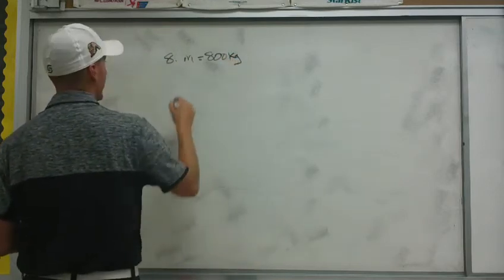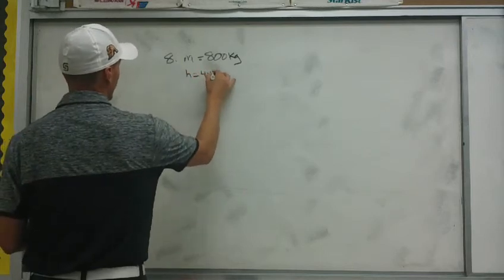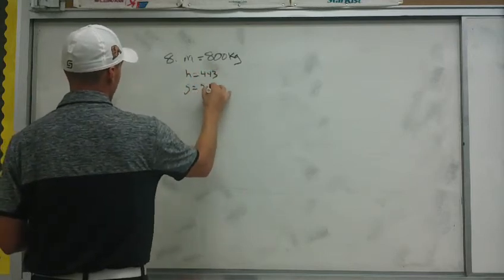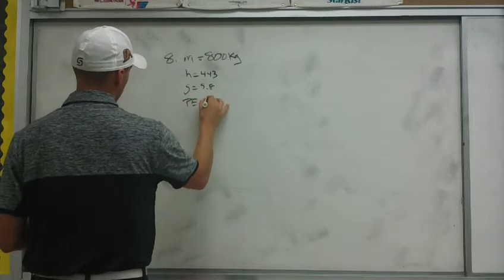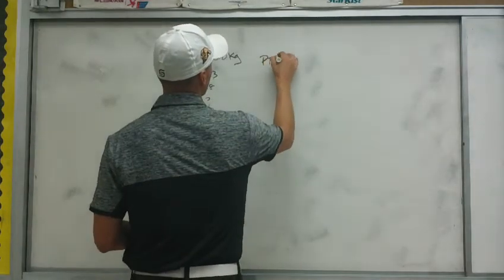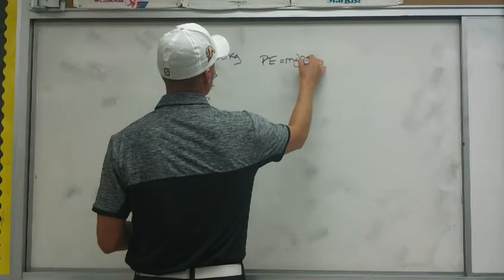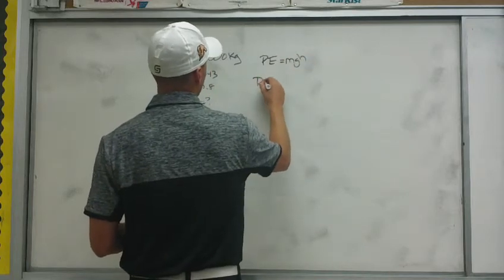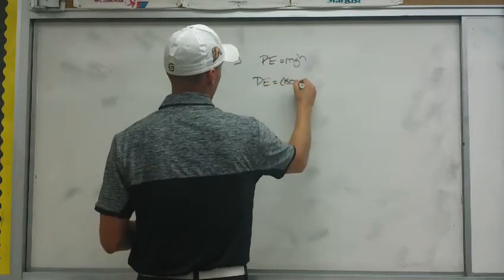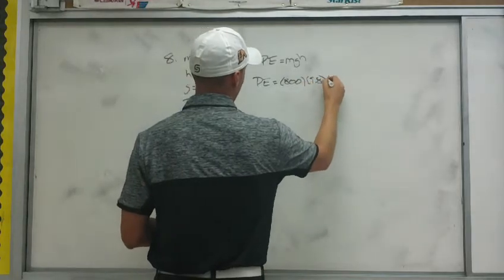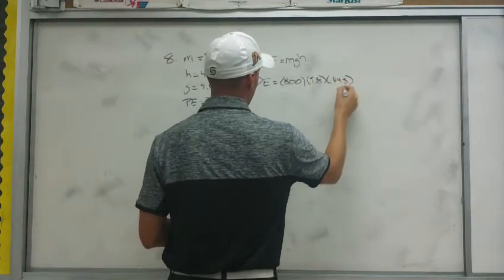It has height, 443. G is 9.8. PE equals mgh. Mass 800, g 9.8, h 443.